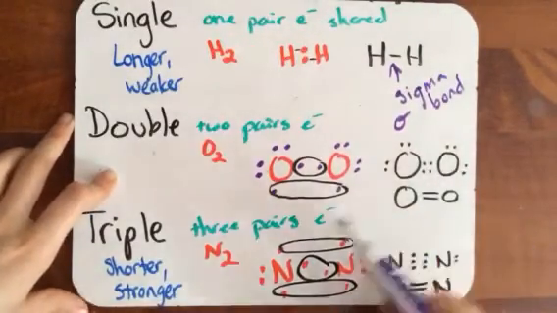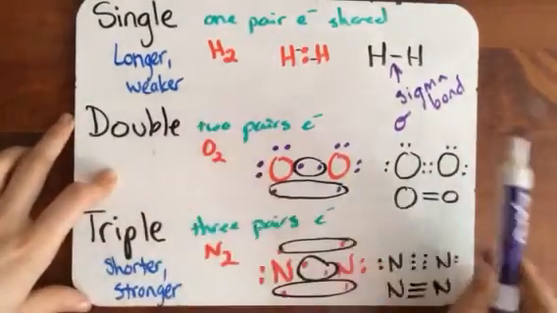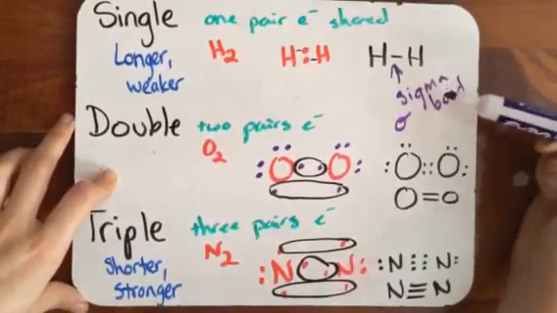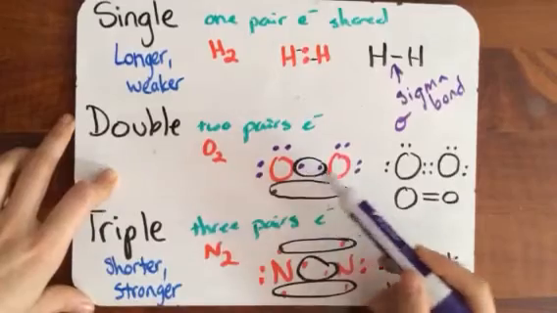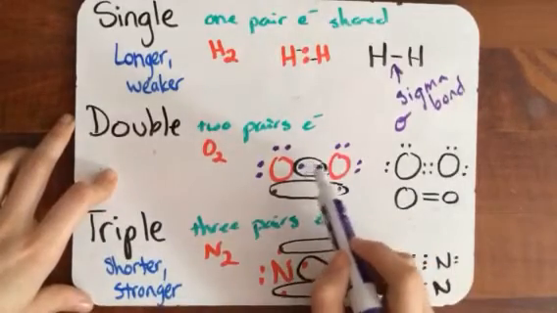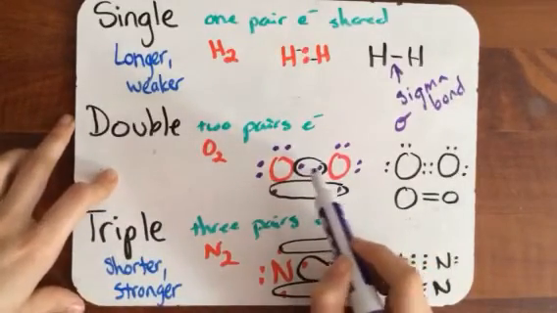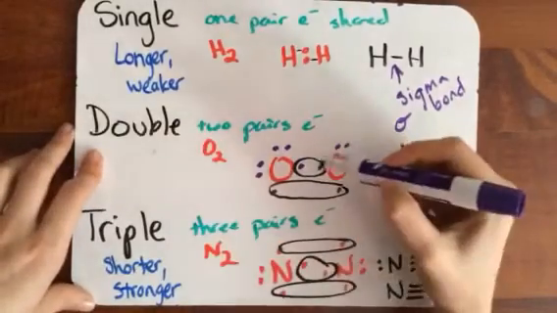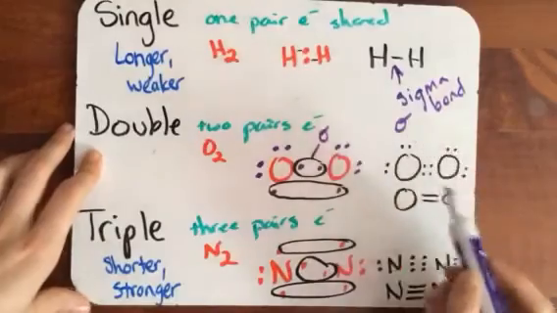And that's true for every single covalent bond. The first bond that is made is a sigma bond. So with this double bond here, the one that is completely in between the 2 atoms, that is going to be your sigma bond.